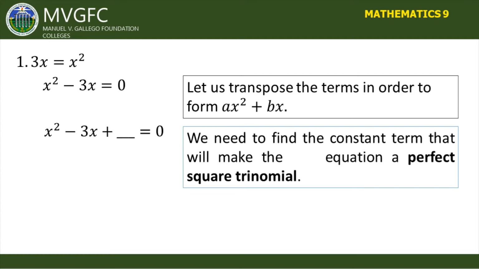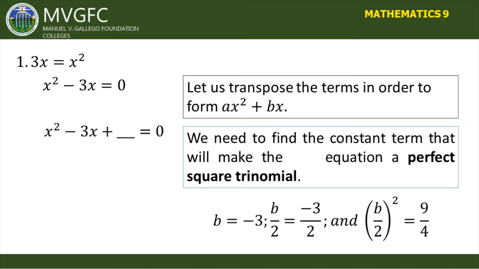Next, we need to find the constant term that will make the equation a perfect square trinomial. In that case, you need to look at the second term. The second term is negative 3x, and the constant term in that is negative 3, which is the value of b. So, b is equal to negative 3.